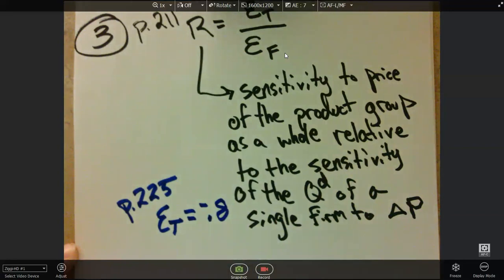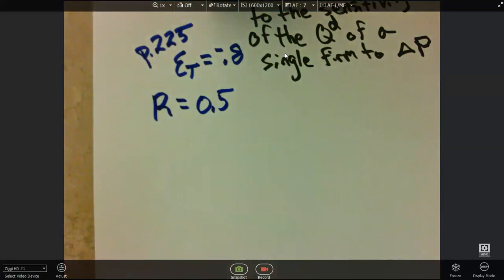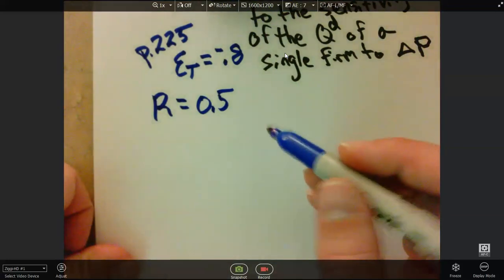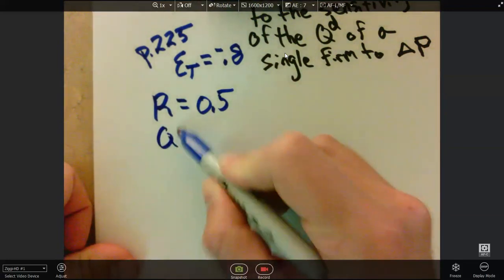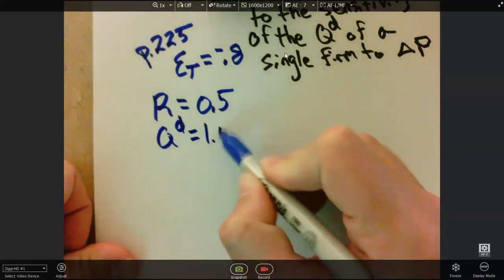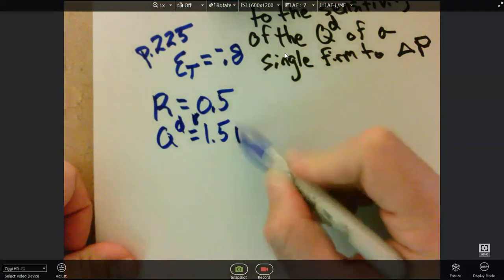And the Rothschild index is 0.5. And a typical gasoline retailer enjoys sales of 1.5 million annually.